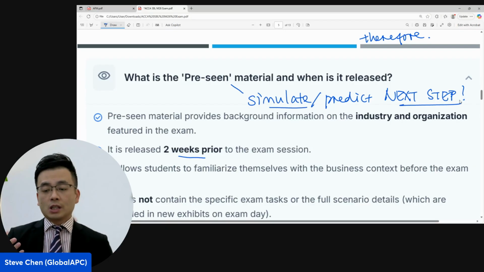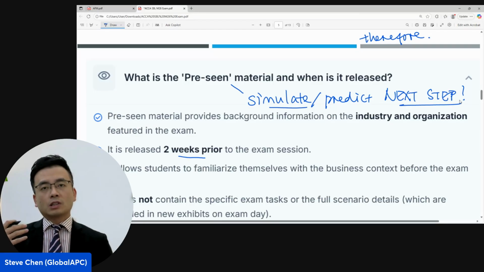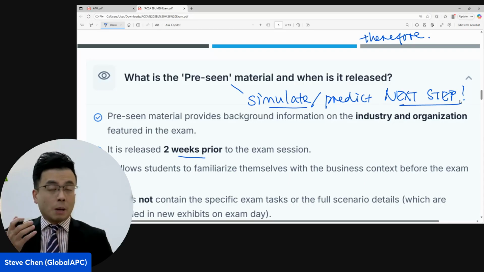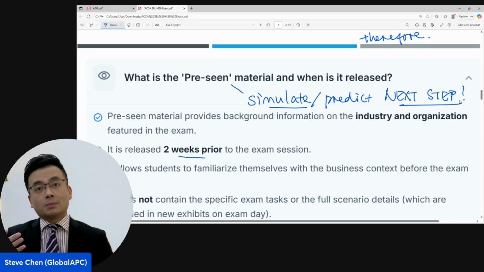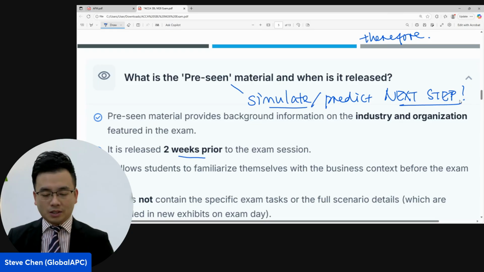When you go through my pre-seen analysis, I simulate lots of real life cases and give you lots and lots of stories so you can predict the next step of what is going on. In my past pre-seen analysis, I did predict quite a lot of areas that were actually tested on the exam day.